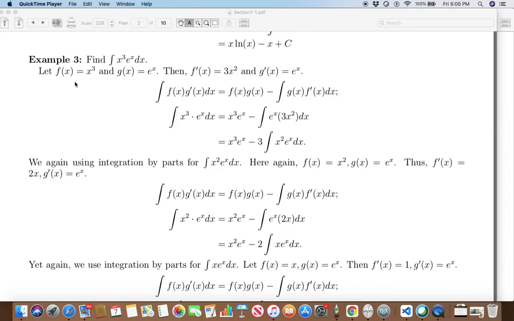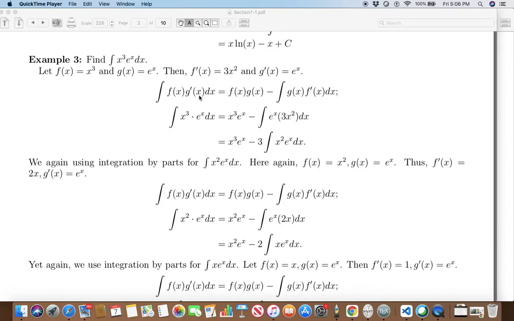So integral f g prime dx, that is f(x) g prime(x) dx, is f(x) g(x), this is the formula, minus integral g f prime.